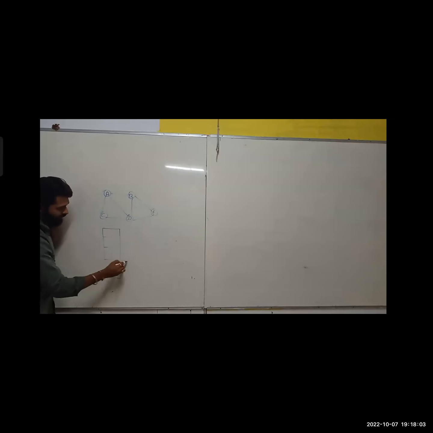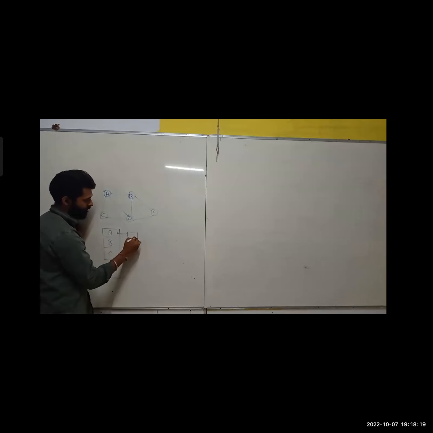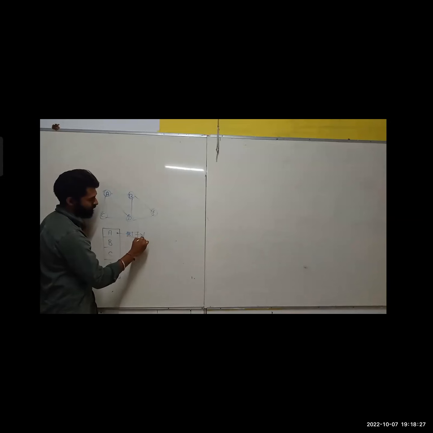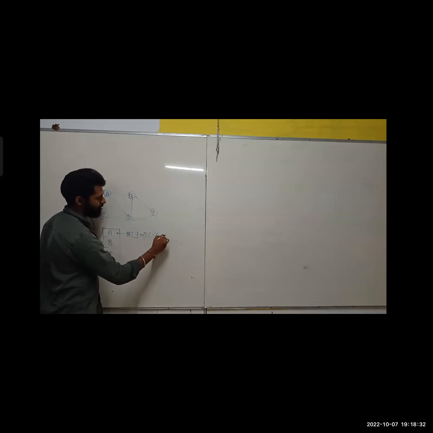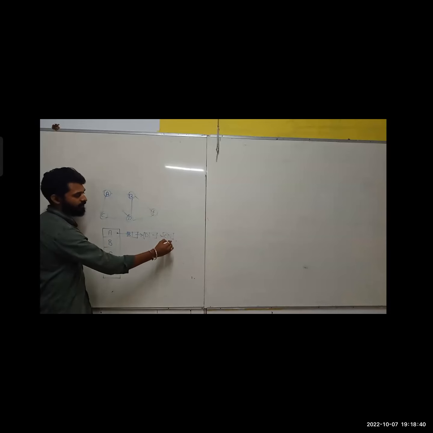If there are 5 vertices, this will be your A, B, C, D, and E. Now, in A, the first node I want to consider would be B. And A is connected to D as well.